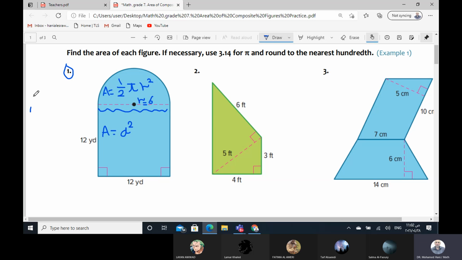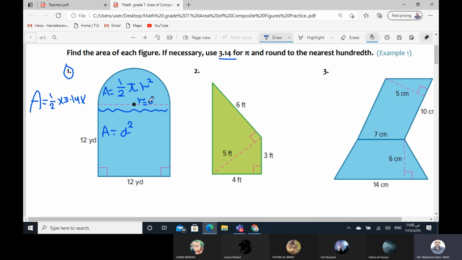So the area will be the area of the semicircle. We have here 1 over 2 times pi will be 3.14 times r squared.